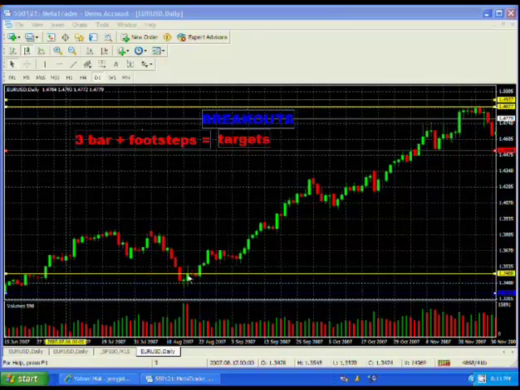But now we have our breakout here. This is our breakout bar. Now where should our target be? We want to count 3 bars from our lowest low bar. And in this case, as I mentioned before, a pivot and a breakout can be the same thing, or they can happen simultaneously.